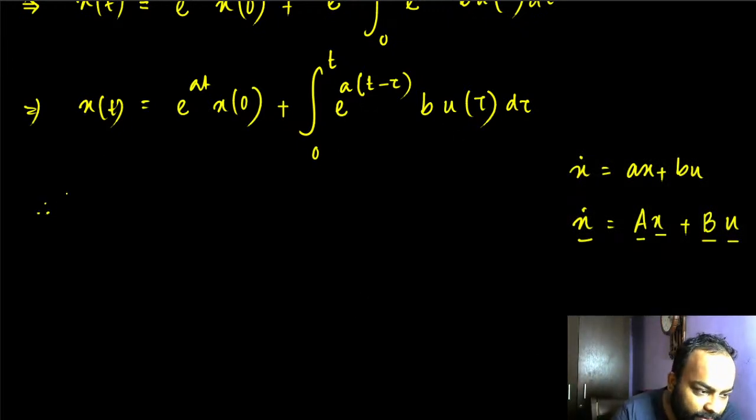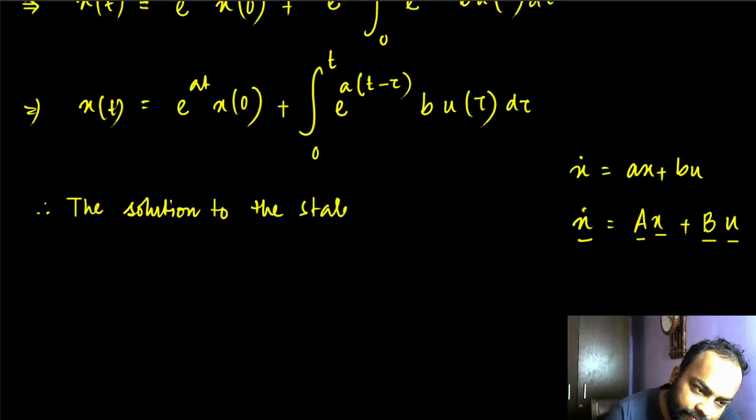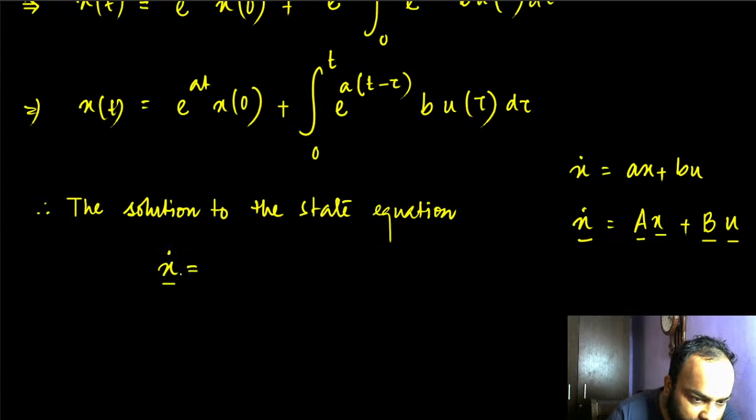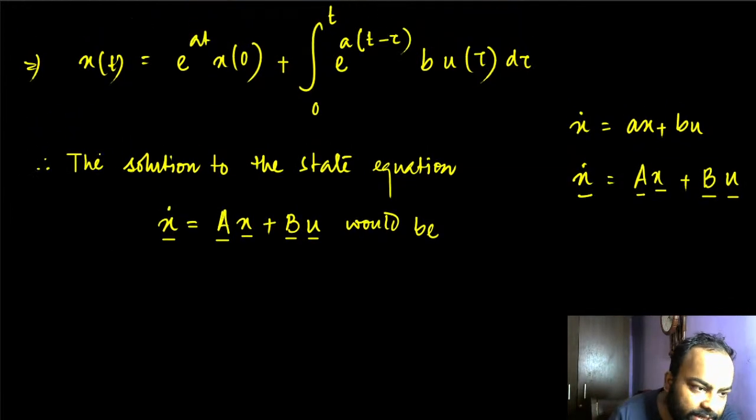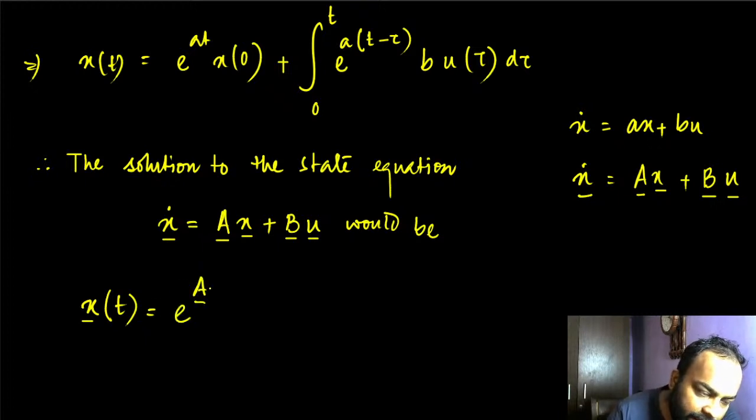Therefore let me just write it down this way. The solution to the state equation. Here we just take this equation and replace everything with the corresponding vectors and matrices. So this is going to be e to the power a t.